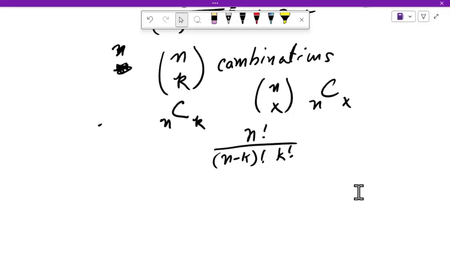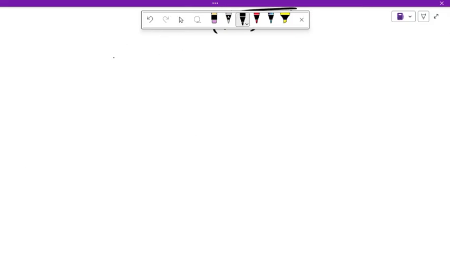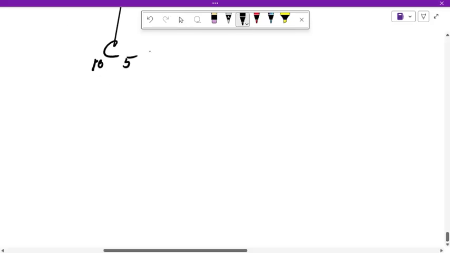If I wanted to have ten things taken 5 at a time, I'm going to flip a coin 10 times, and I want to know how many ways I can get 5 heads out of it.